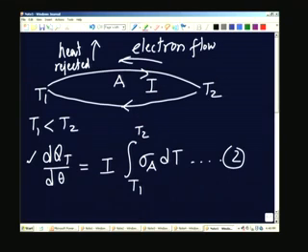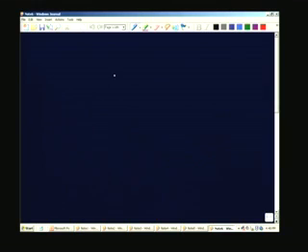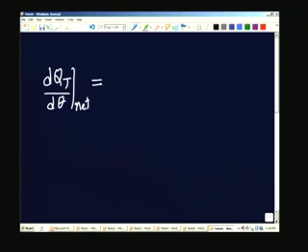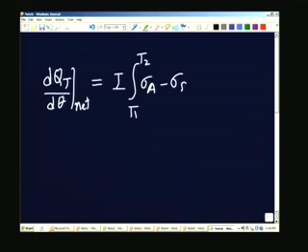Therefore, just like what we had in the case of Peltier effect, if heat is rejected along the length of the conductor A, it will be absorbed along the conductor B. So, it will be a difference of similar terms, and therefore, I can write the second equation as dq Thomson by d theta, I will call it net, is equal to the difference between the two, I into integral T1 to T2 of sigma A minus sigma B dt.